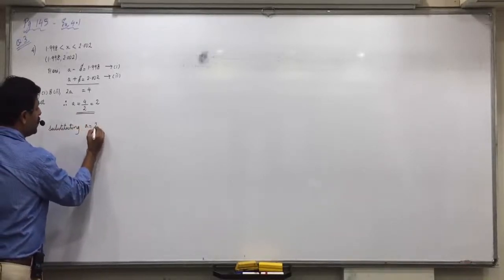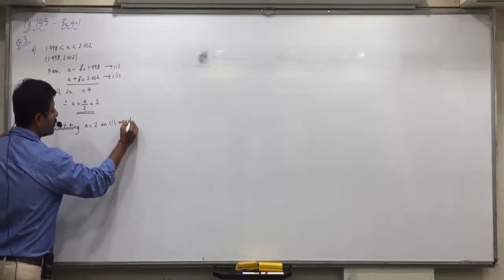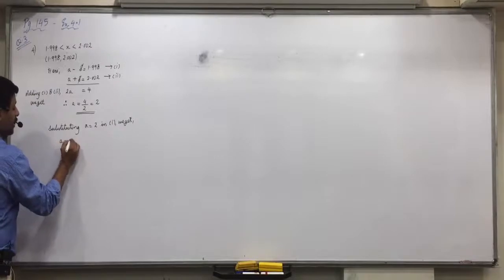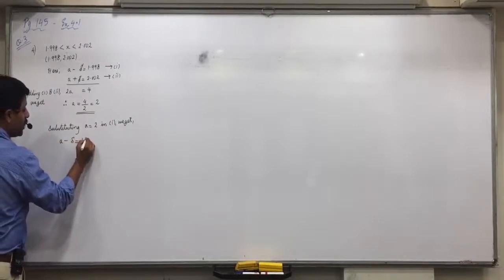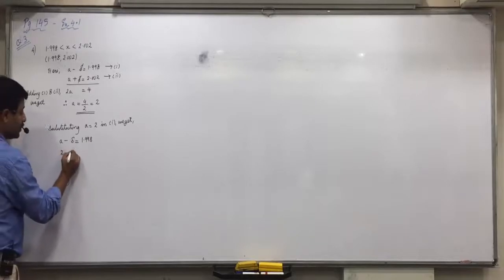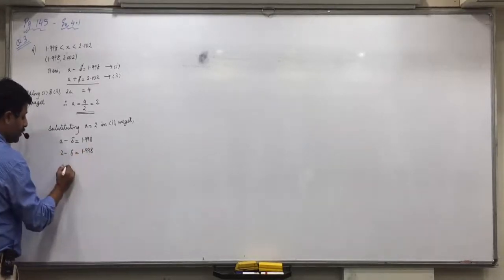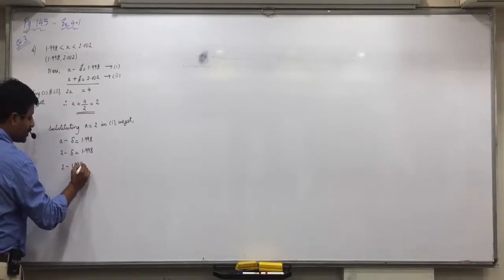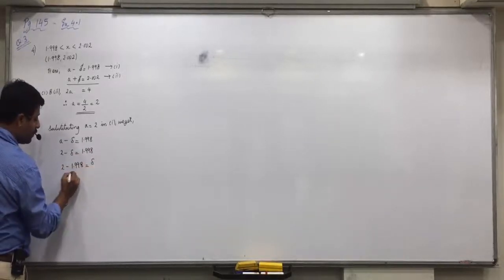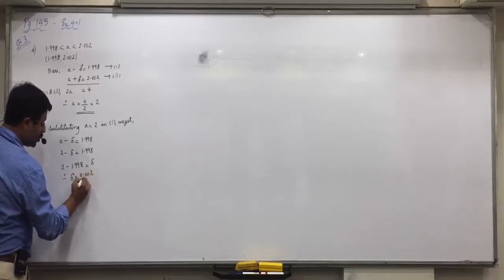Substituting a equals 2 in 1, we get a minus delta is 1.998. So 2 minus delta is 1.998. 1.998 on the left side will get subtracted, and delta will become plus. So delta is 0.002.